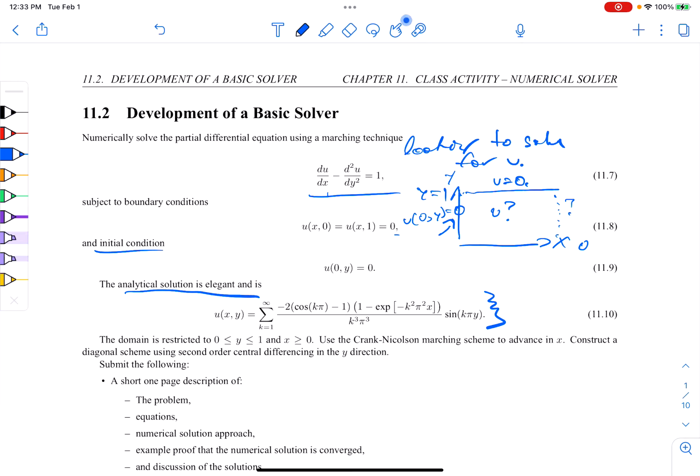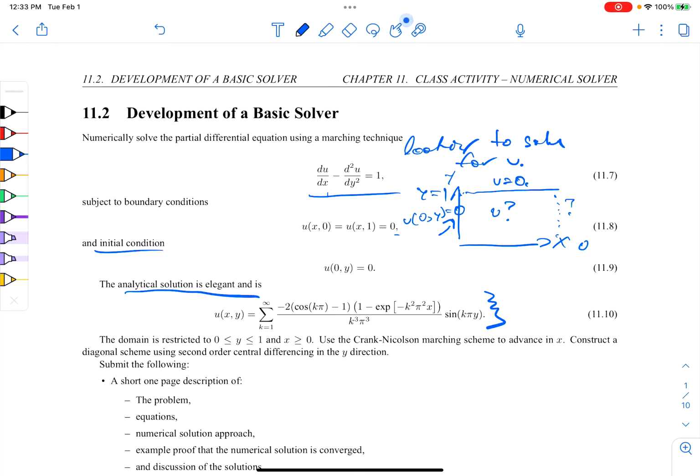If you want to evaluate this numerically, you would have to actually plot it, and you'll have to, for your homework: the summation of k equals 1 to infinity. In the numerator, we have minus 2 cosine k pi. So k is kind of like a wave number in space, right? Because you're going over k. And we have e to the negative k squared pi squared x. In the denominator, we have k cubed pi cubed times sine k pi y.